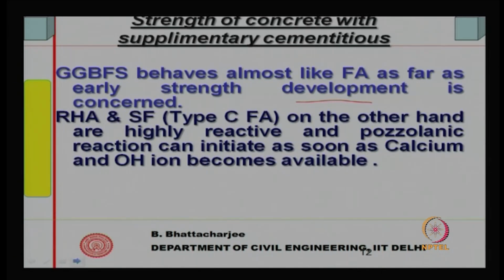It almost behaves like fly ash, right, because the strength enhancement in the long run is due to the secondary pozzolanic reaction, which is again not available with GGBS early; it is only available after a certain period of time, after sufficient lime has been produced by the cement reaction, because it also has to depend on the cement reaction.